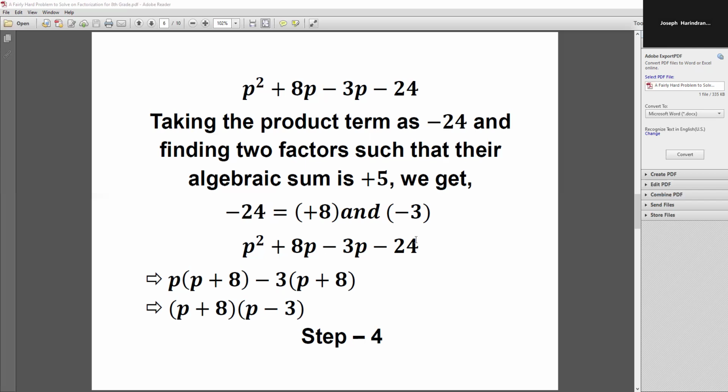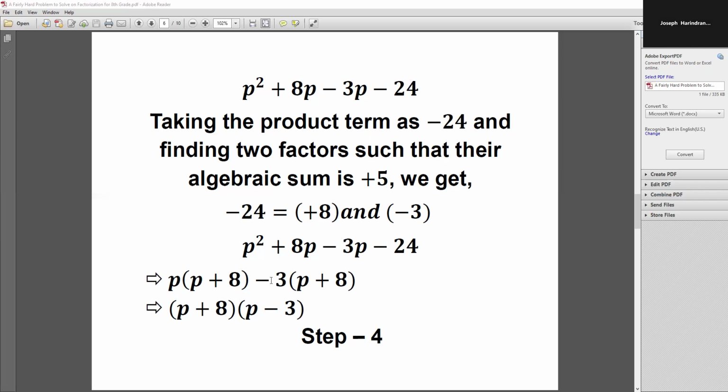And in the last 2 terms, we can take a minus 3 outside, because there's no p term in the 24. There is only one factor that is common, 3, so minus 3 has been taken out. And within brackets, the sign inside will have to change because we have introduced a negative sign.